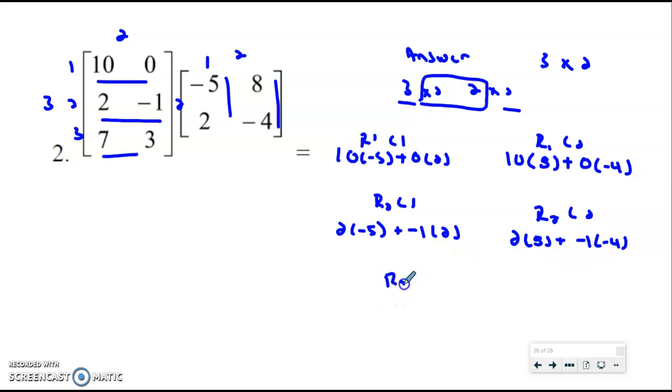Then row 3, column 1: 7 times negative 5 plus 3 times 2. Then row 3, column 2: 7 times 8 plus 3 times negative 4.